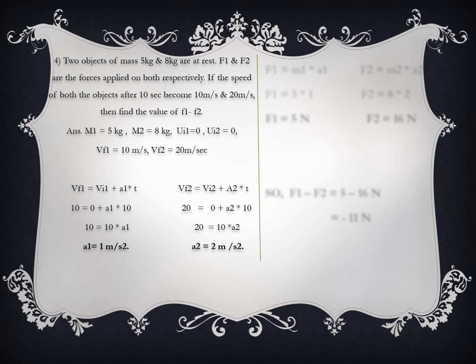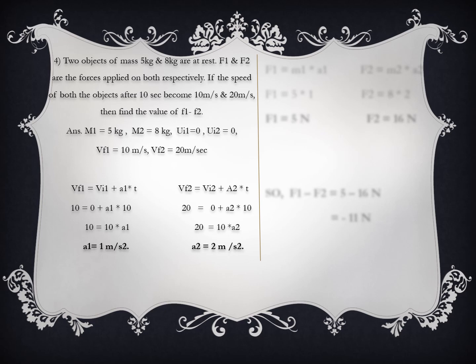We have to find the acceleration, and time is also the same, that is 10 seconds. Then we solve this problem. From this we get the acceleration will be 2 meter per second square.